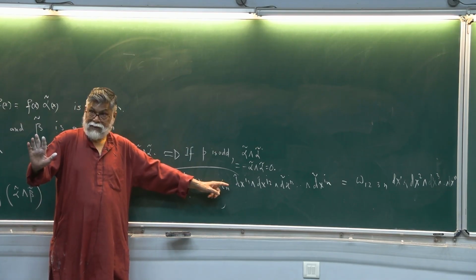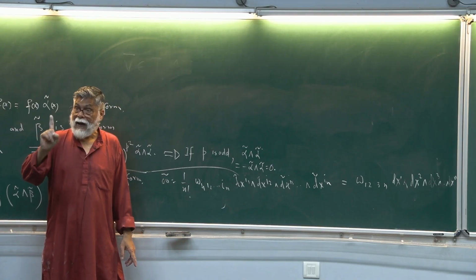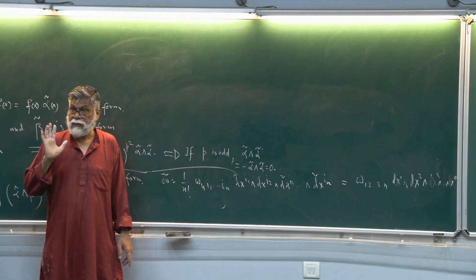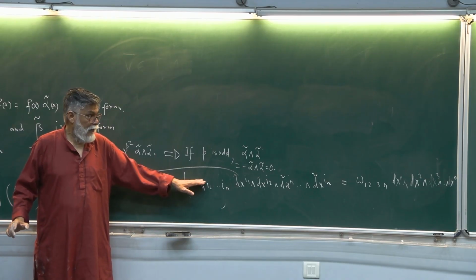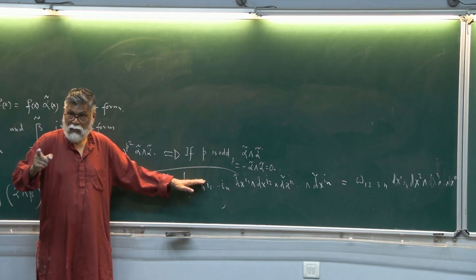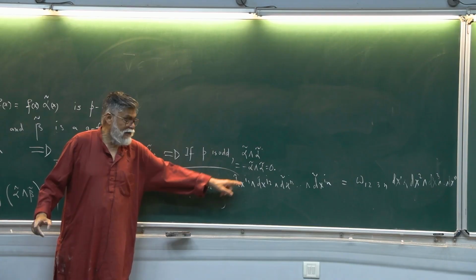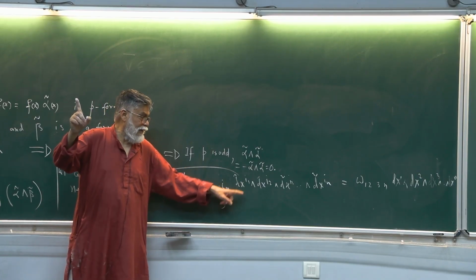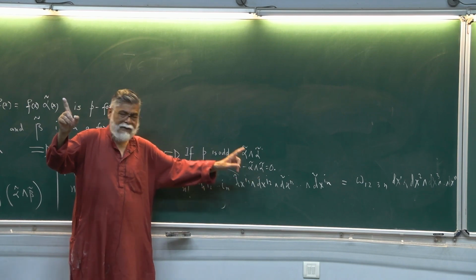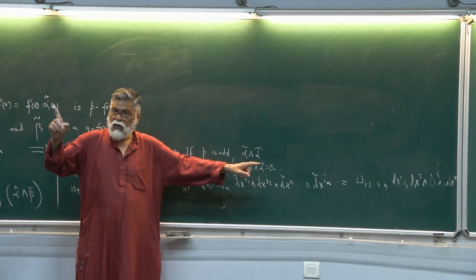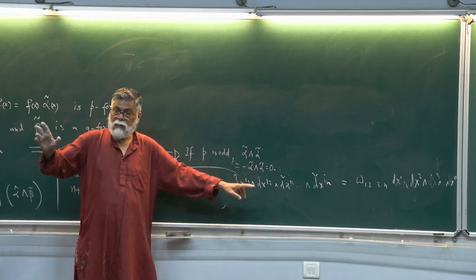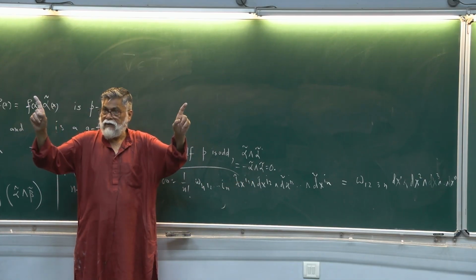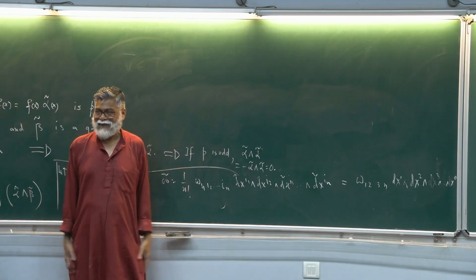Yes, there are only n independent dx's. To create an n plus 1 form, I have to wedge it with another dx, but that dx will be either 1 or 2 or up to n. But the moment two of the dx's repeat, the wedge product is 0.